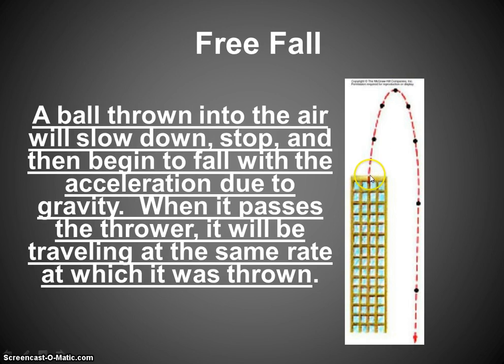And because it takes the same amount of time to resist the force that you put into the ball as you throw it, then as it comes back down, it's going to be going the same speed and traveling with the same force as when you threw it, because it takes the same amount of oppositional force to stop it, and then that acceleration due to gravity will affect it in the same way. So when it passes you, it's going to be going at the same rate that you threw it. Think about it.